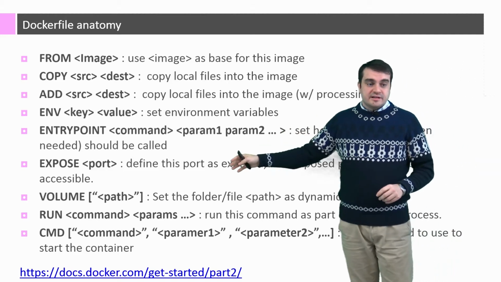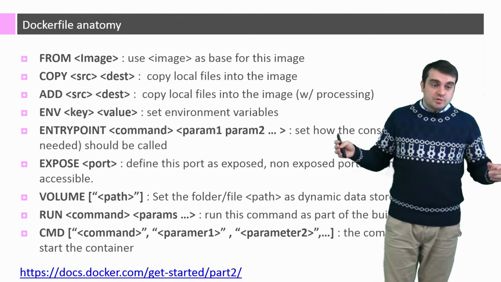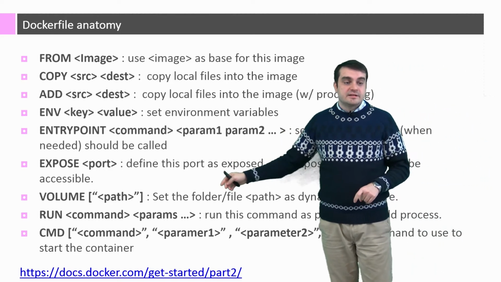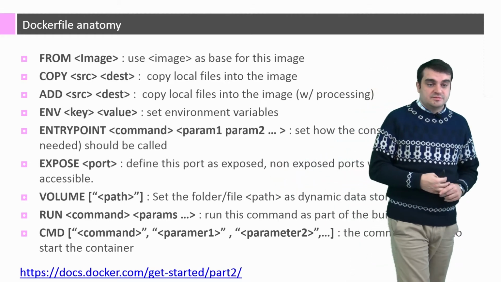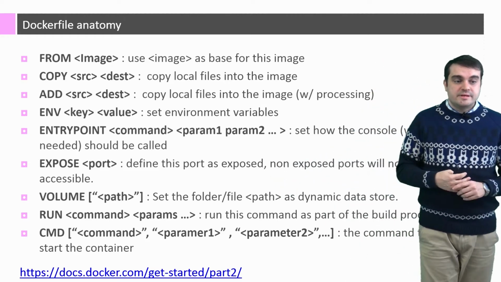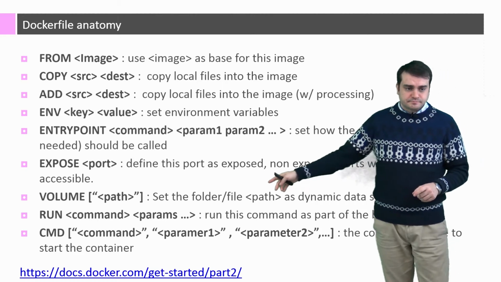We can define the ports that will or could be exported. We can define the volumes that we are going to use and in which path these volumes typically will be configured.